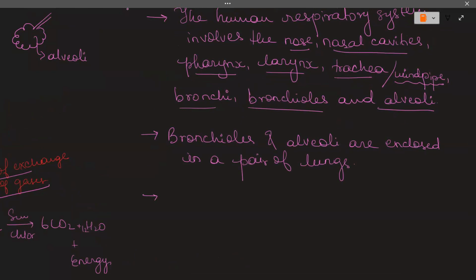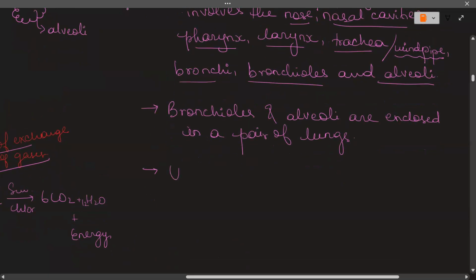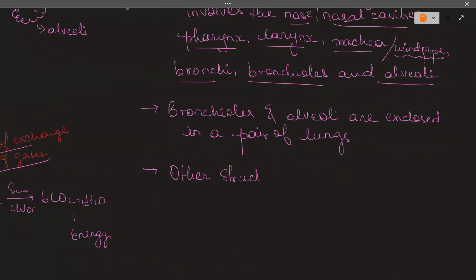All of these things are helpful in the process of inhalation and exhalation. So other structures, what are those other structures? Other structures such as rib cage. Then there are certain muscles that are associated, and there is also the diaphragm.